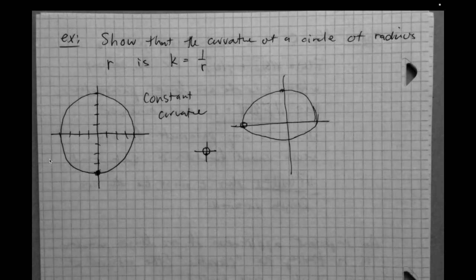So what we want to show is that the curvature of a circle of radius r is 1 over r. For this, we're going to apply the previous definition of curvature. We'll have to go through the arc length parameterization and everything, so we'll wrap everything into this example.